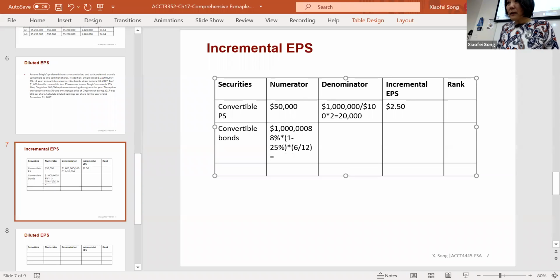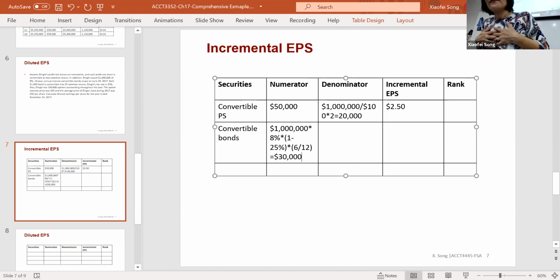Therefore, the after-tax interest is $30,000. I was reading the wrong part of my notes. Yes, 30,000. Do you have a question?